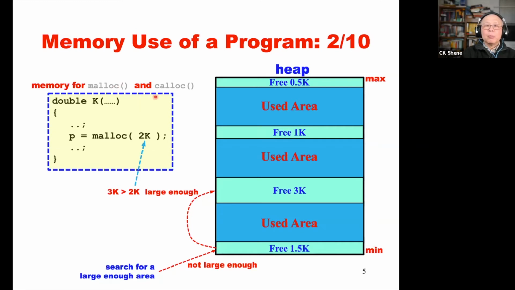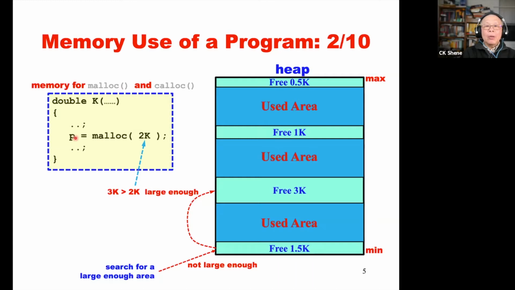Different people may pronounce it differently. So suppose I have a function, a double function k, in which you call malloc to request 2k size of extra memory. The pointer to this 2k area will be returned by malloc and saved to a pointer p.